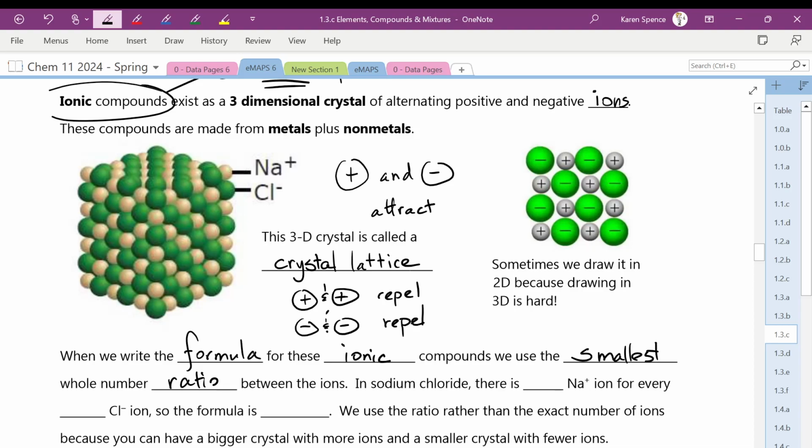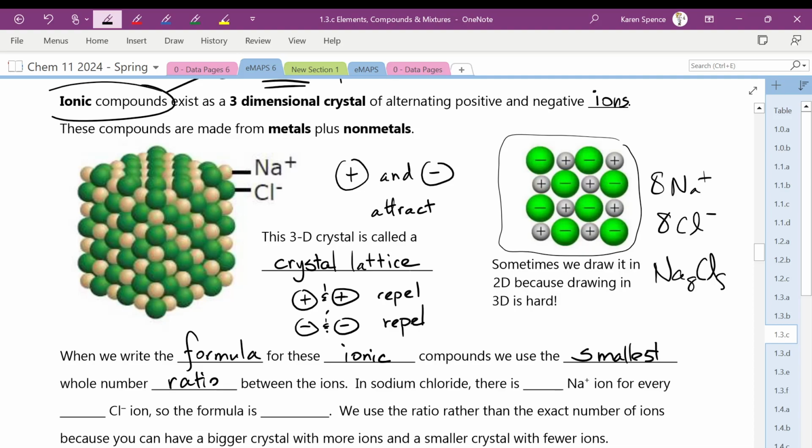Because does it make any sense for me to go to this crystal and say there are 1, 2, 3, 4, 5, 6, 7, 8 sodiums for every 8 chlorides? Would it make sense for me to write Na8Cl8? No, because what if I had a bigger crystal?